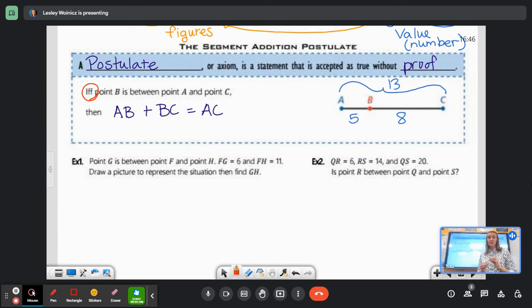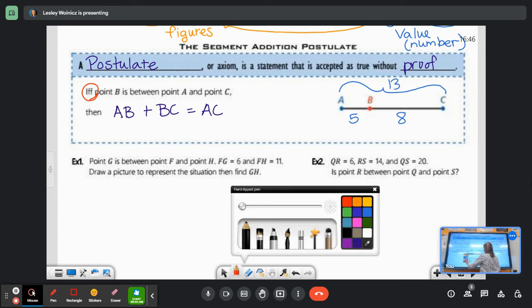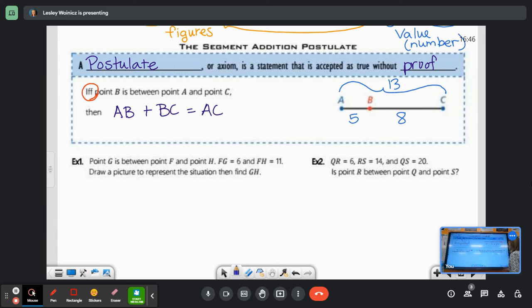I can either say, because B is between A and C, I know that these have to add up to the total, or I can work backwards and say, if these add up to the total, then I know that B is between. So I can work it backwards or forwards, and we'll see that in a minute on examples 2 and 4. So stick with me.